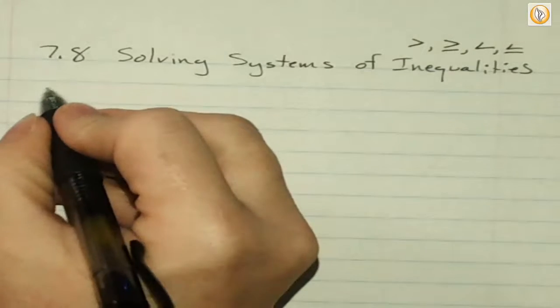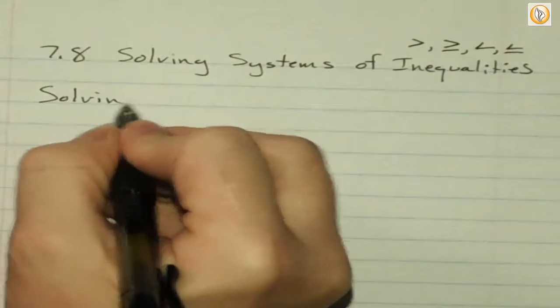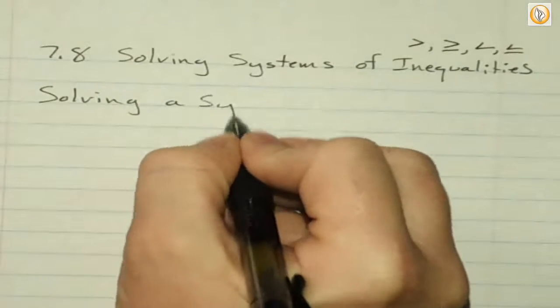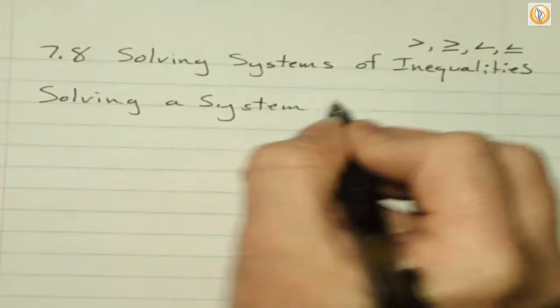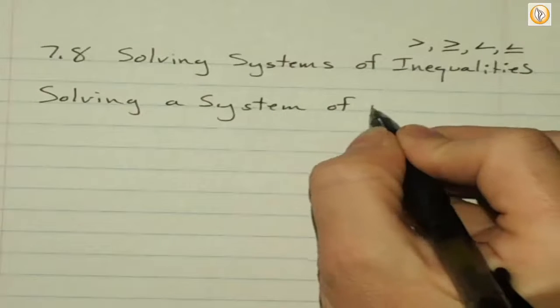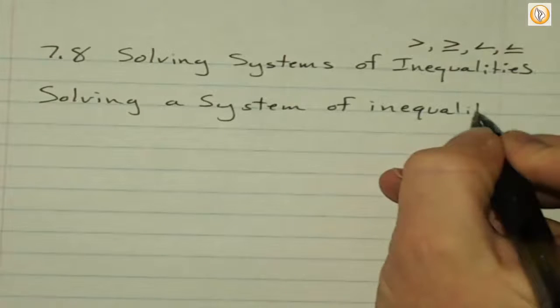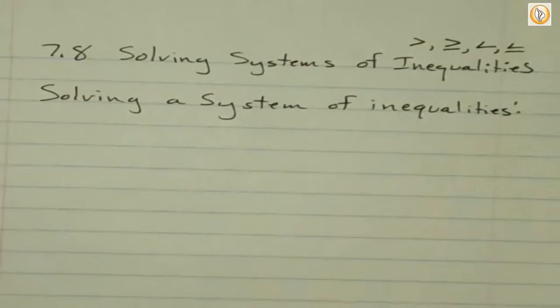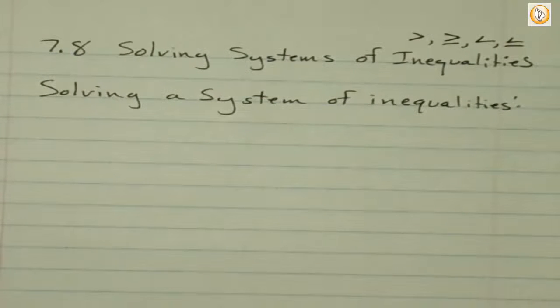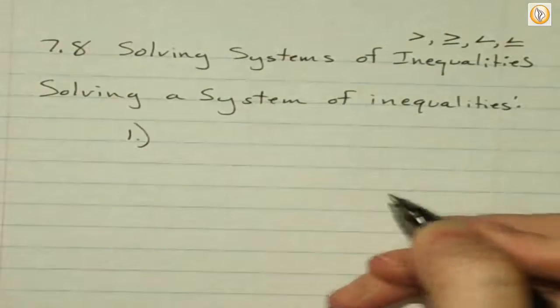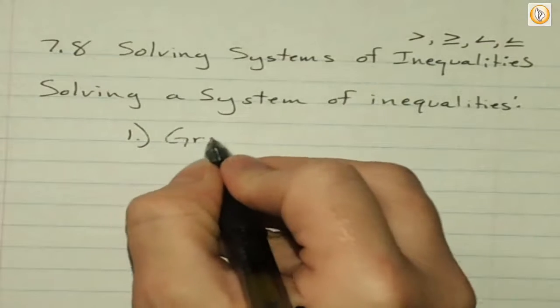Okay, here we go. We're going to be solving a system of inequalities, and I'm about to give you the steps. Solving a system of inequalities. Step 1: you're going to graph.